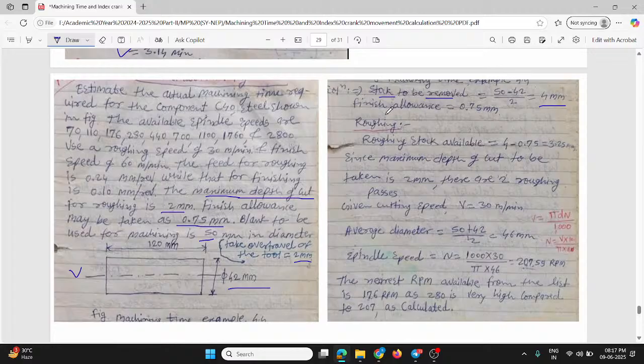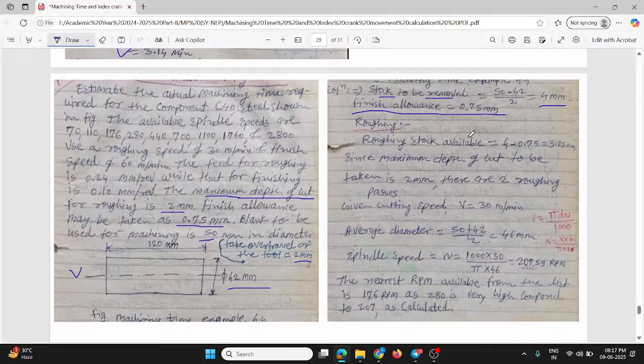Again it is mentioned that the finish allowance is equal to 0.75 mm. What is the meaning of this? It means that in the finish cut, this is the maximum depth of cut you can take, that is 0.75 mm. Okay, are you getting this?